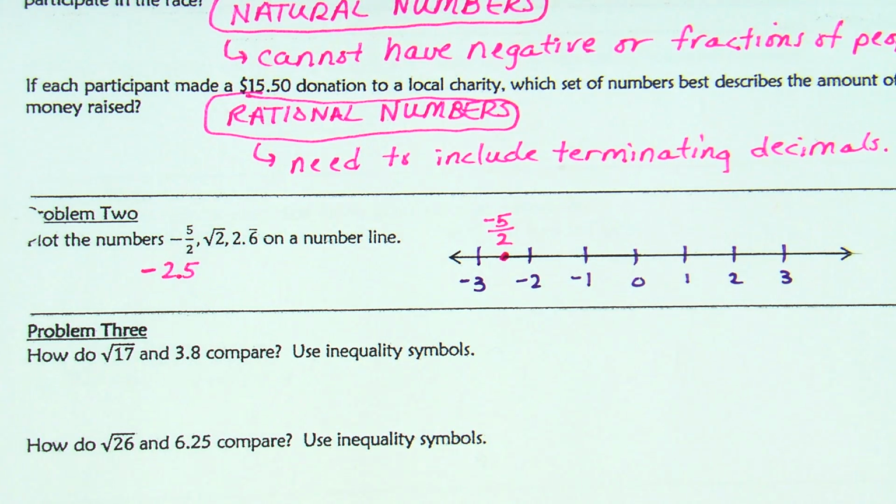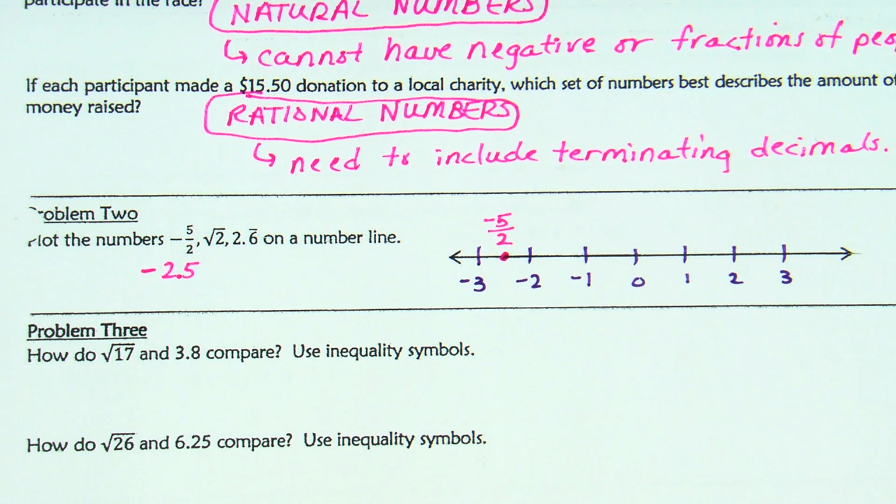So it has to be less than 2. Below the square root of 2, what's the square root of 1? 1. So what I'm saying here is that it's between square root of 1 and 4, isn't it? So it's between 1 and 2.